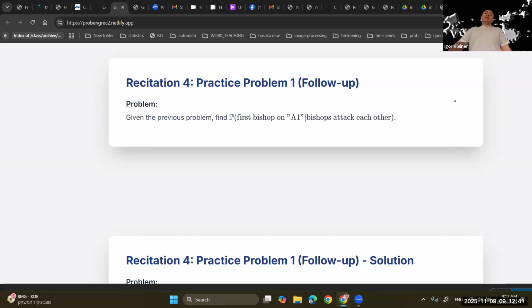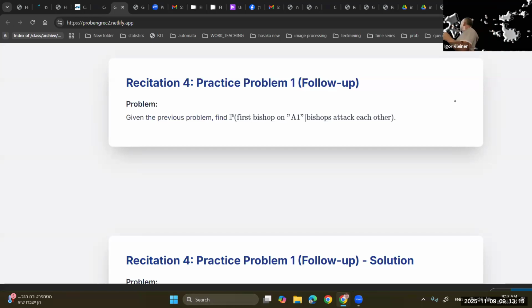If it's the next exercises, then we have to think about Bayes. When and why do you need to think about Bayes? Pay attention in this question: the order of things is not logical. In the question, first we put the first bishop, after that we put the second bishop on the board, and after that we check if they attack each other.